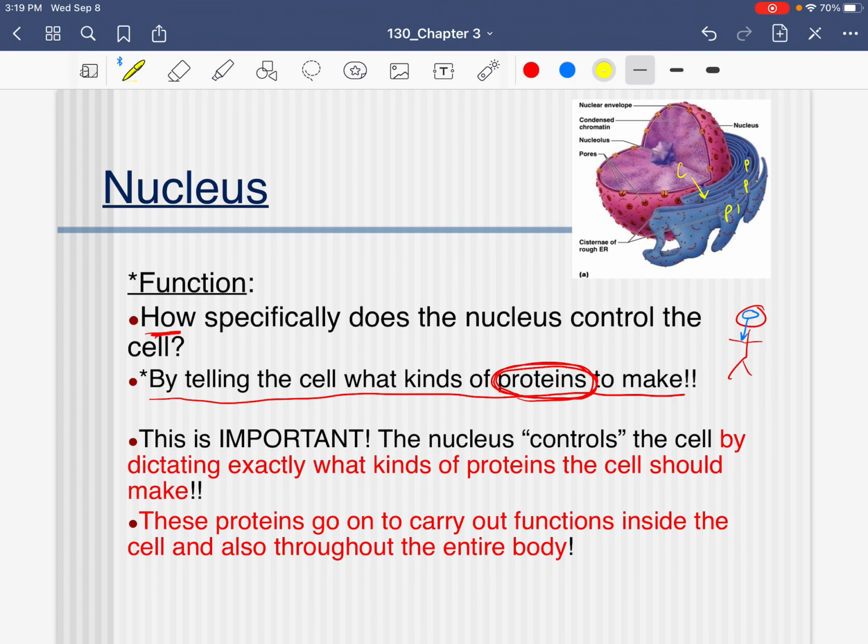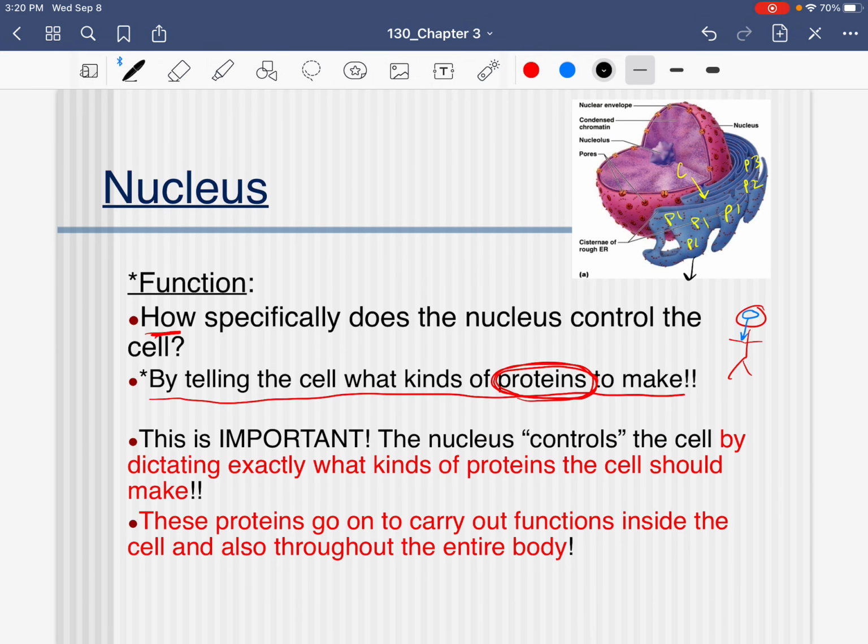So it might make protein 1, or maybe more of protein 2, or maybe protein 3. That's not how they're named, but I'm just trying to make a point that these proteins are different. Maybe protein 1 is what goes to the mitochondria. So if the cell needs more energy, then the nucleus will tell the ribosomes to make more of the proteins that go to the mitochondria. So the nucleus oversees the cell by telling the cell what kind of proteins to make.